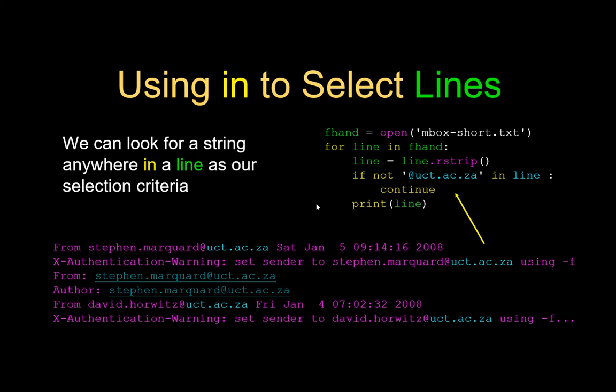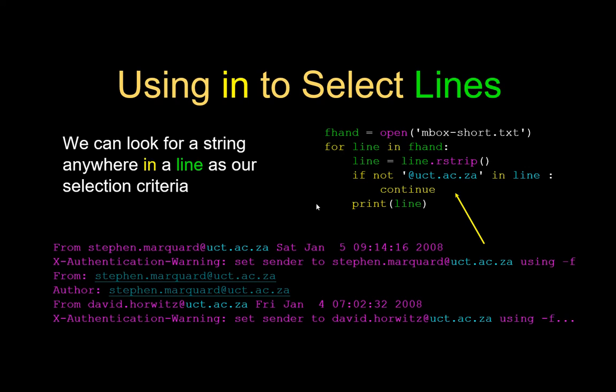So here we're going to talk about how we can use in, which is a special character in Python. So here we open the file, we put it in the fhand.